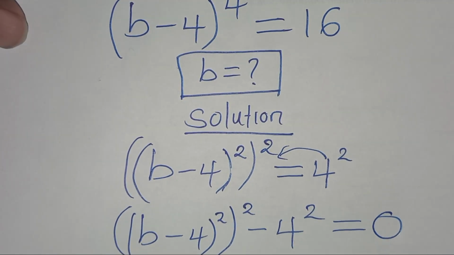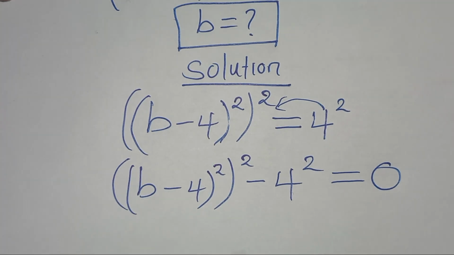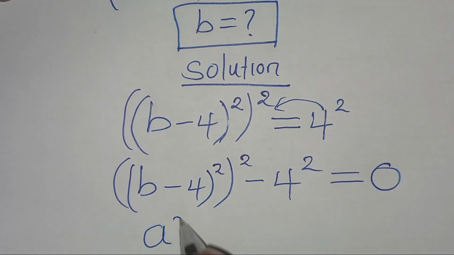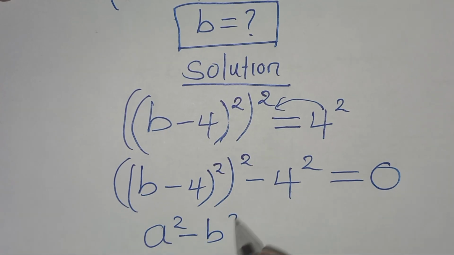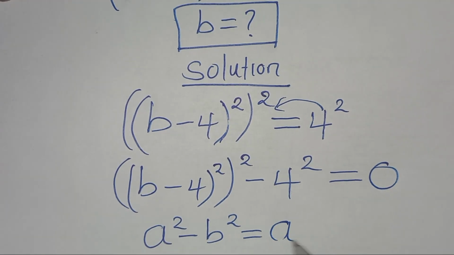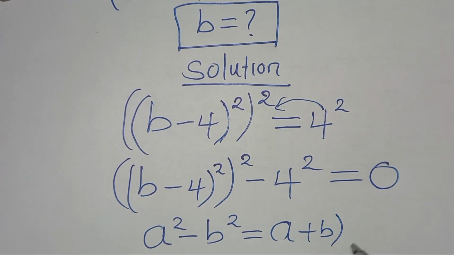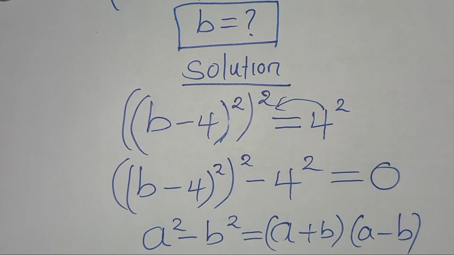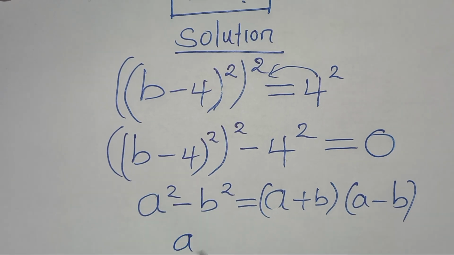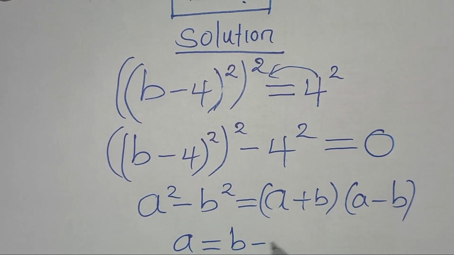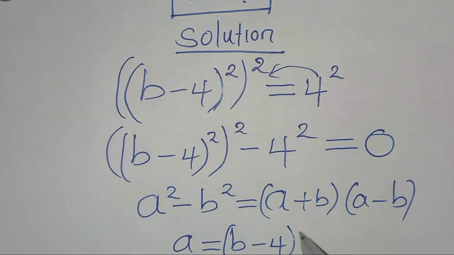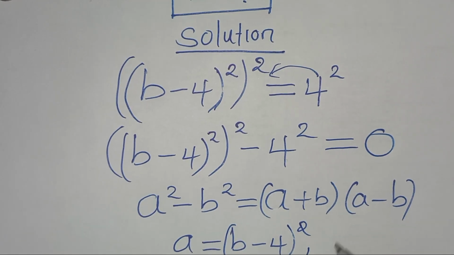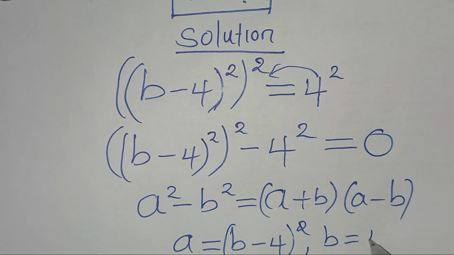Now, this equation is in the form of a^2 - b^2, which you can express as (a + b)(a - b). In this case, a is equal to (b - 4)^2, and we have that b is equal to 4.